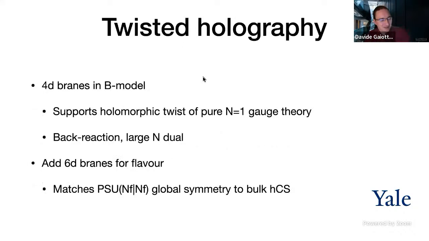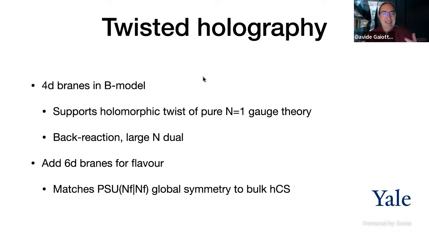Okay, now the final slide is about something called twisted holography. This will require probably a lot more background than I can transmit at this point. But Kevin has been proposing the idea that the holographic correspondence between physical quantum field theories and supergravity or superstring backgrounds should admit a twisted manifestation, where you take the twist of some quantum field theories and match it with some twist of the supergravity theory.